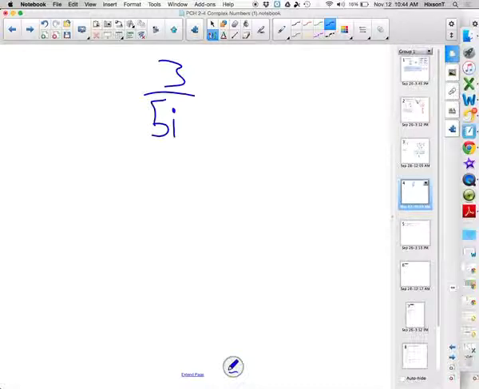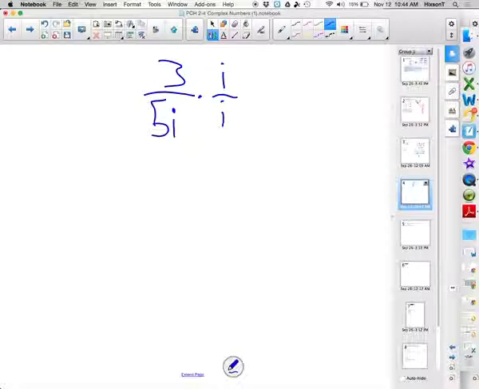Times 5i over 5i. Good. We can multiply it by 5i over 5i. Is there something else that we could do? We can just times i. Okay, good. We could just do the i over i, right? The 5 is already a real number. It's not a radical.